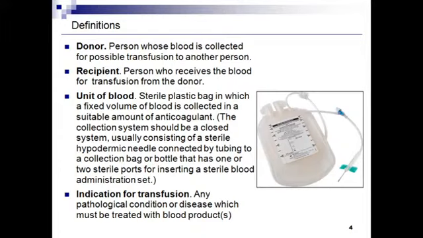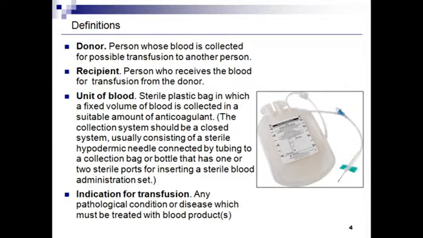You should know some definitions about blood bank service. First definition, donor. Who is a donor? Donor is a person whose blood is collected for possible transfusion to another person. From whole blood, we can prepare some components.